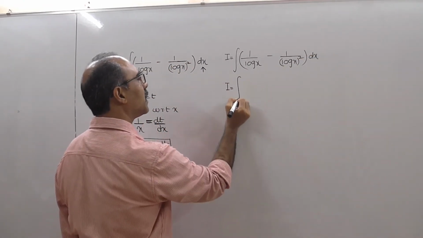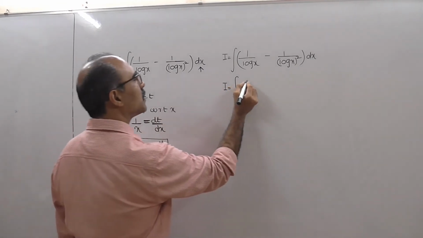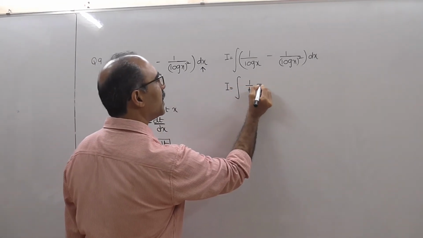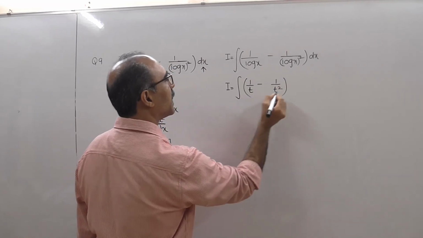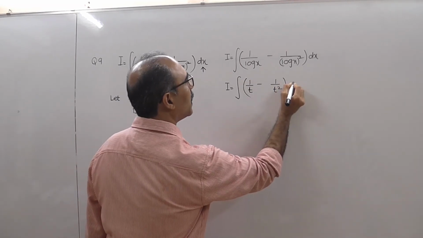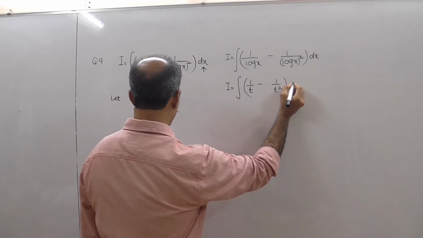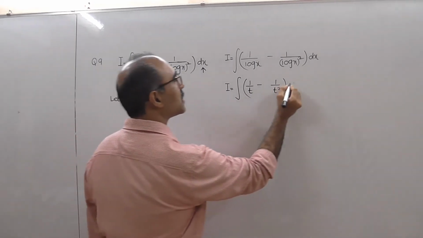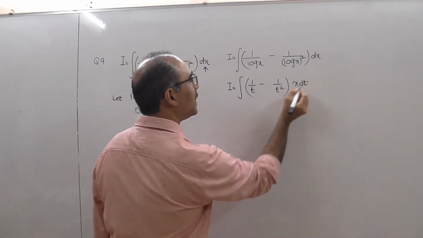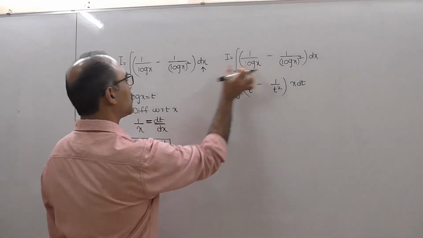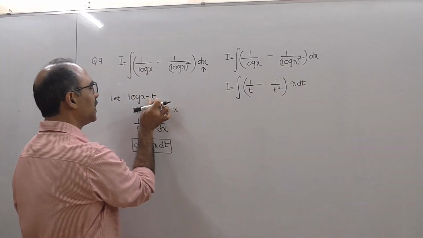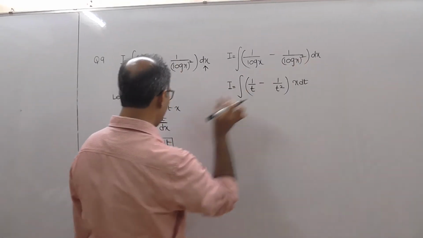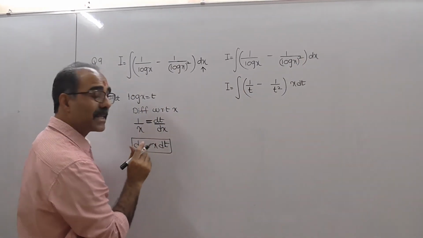I know that log x is t, so this becomes 1 upon t minus 1 upon t square, and the value for dx is x dt. So I replace this log x with t, this log x with t, and this dx with x dt.